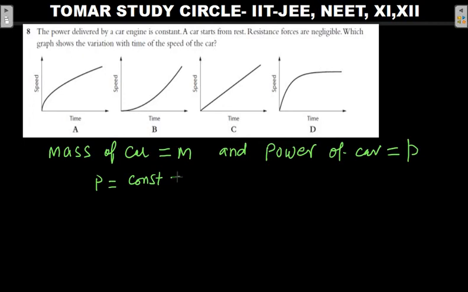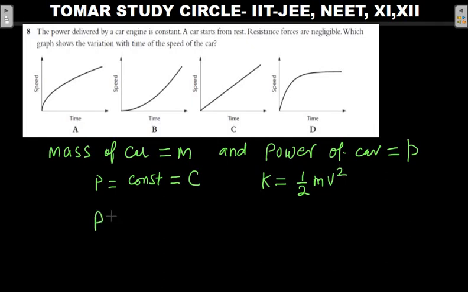Let this constant be equal to C. Since the initial speed of the car is 0, let after time t the speed of the car become v. The kinetic energy of the car after time t will be half m v square, where v is the speed of the car after time t.